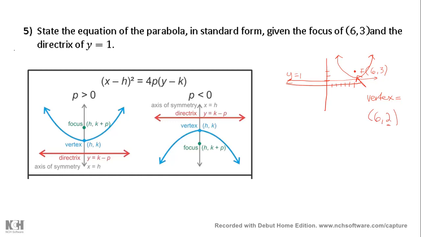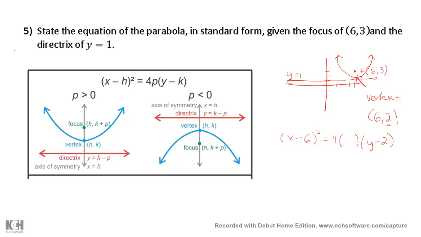So the formula for this is (x minus h, which is the x value of my vertex, 6) squared equals 4 times p, which I'll get to in a minute, times (y minus 2). The focus does not go in the formula. It's the vertex that goes in the formula.